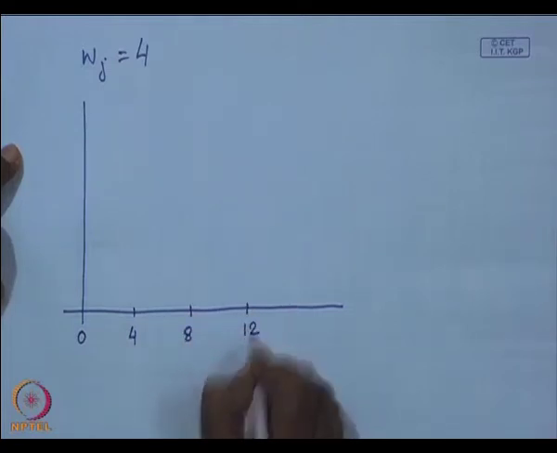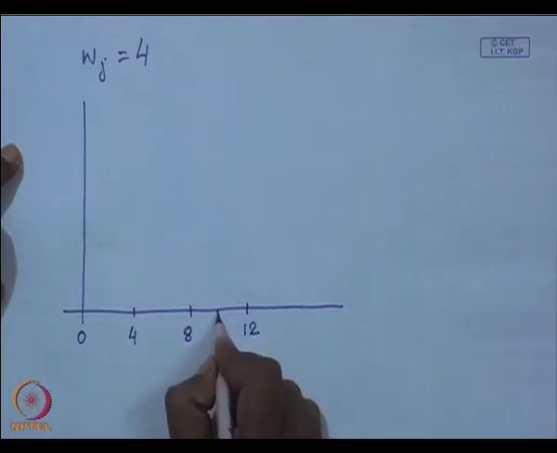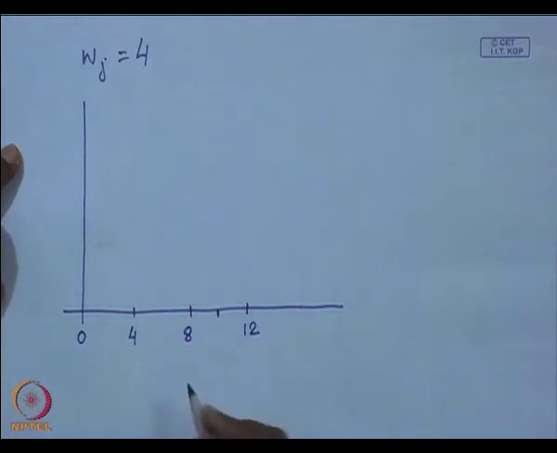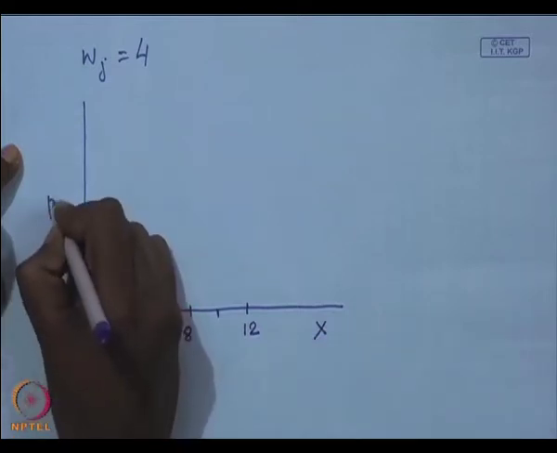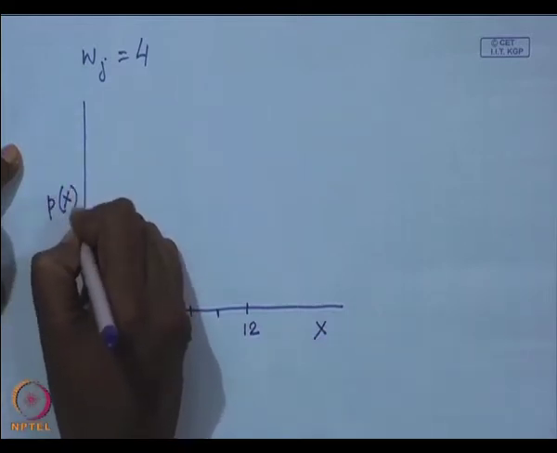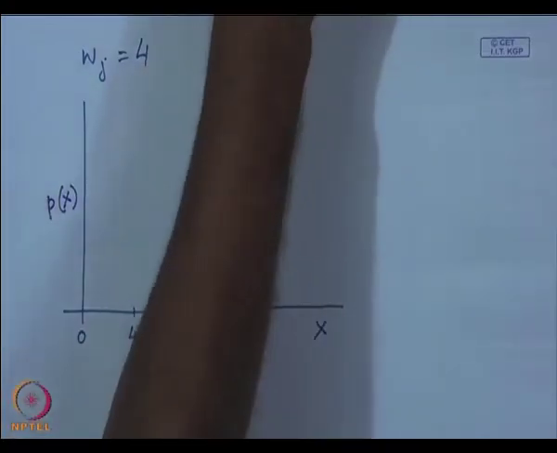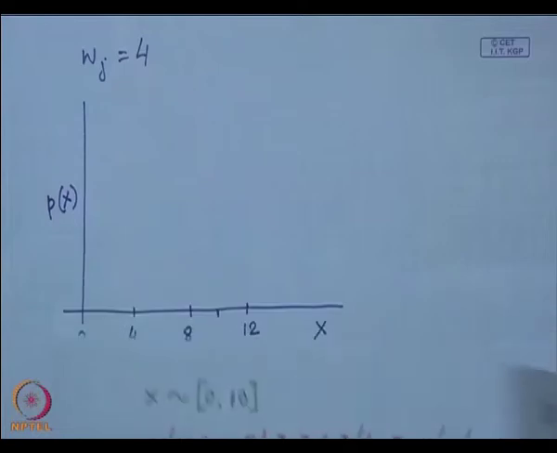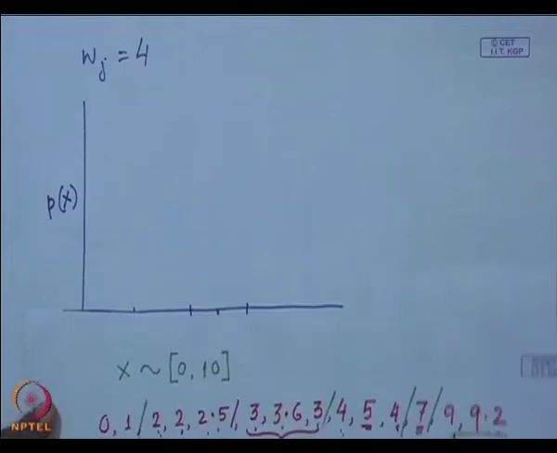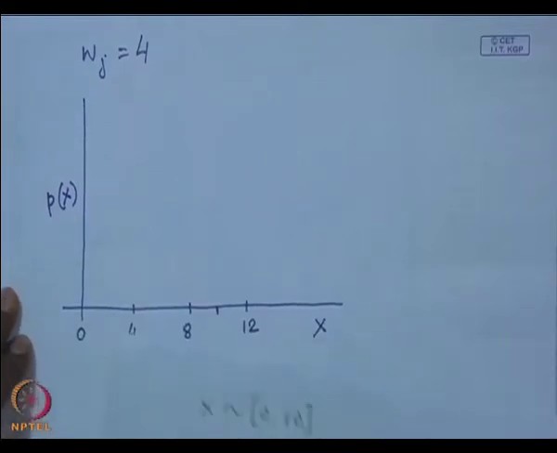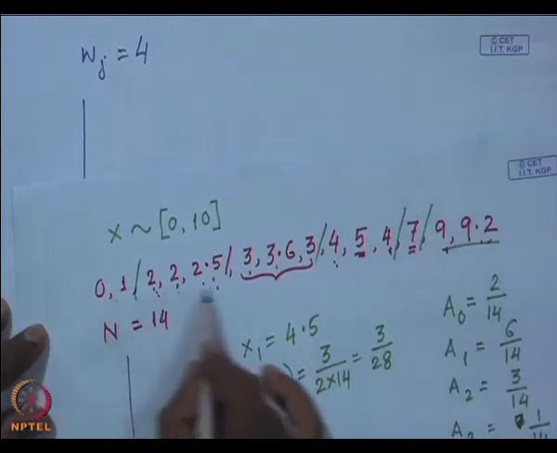So, I have only 3 bins, though my actual range of x is up to 10. On this axis I plot x, on this axis I plot p of x or the probability of x. And again I use the same set of samples for estimating the probability density function. Okay. So, these are the samples that I have.